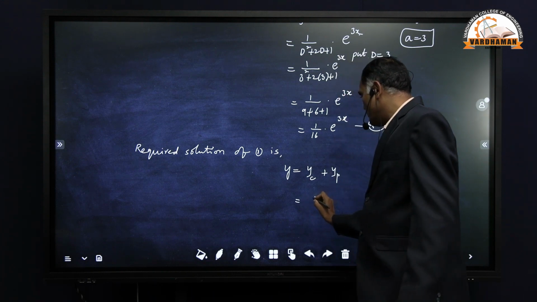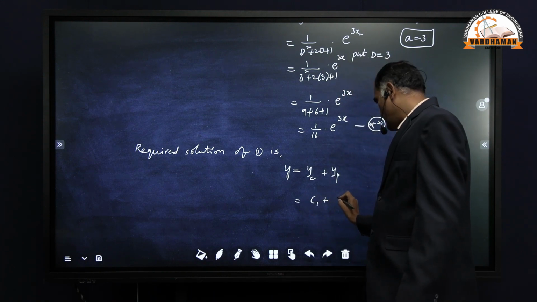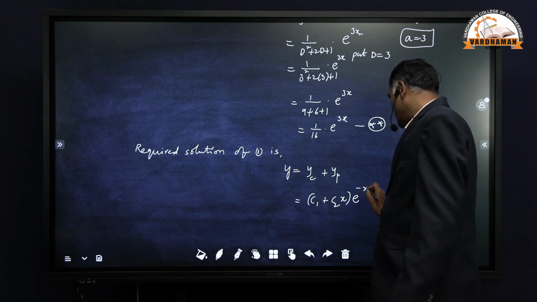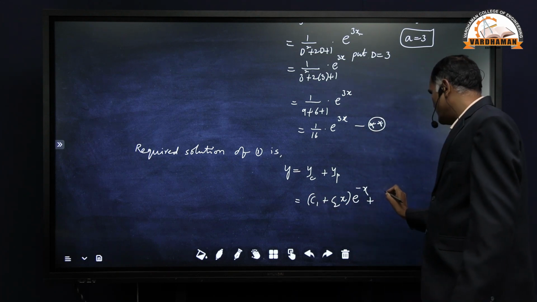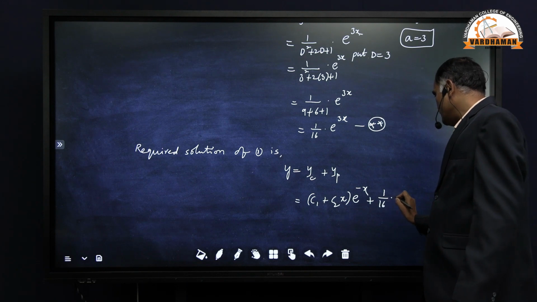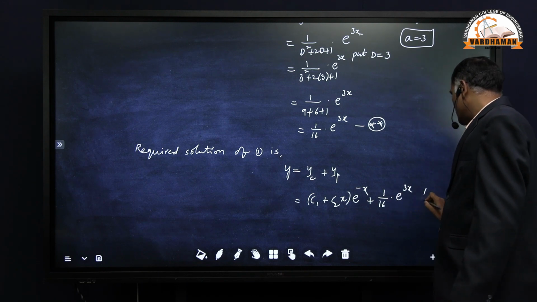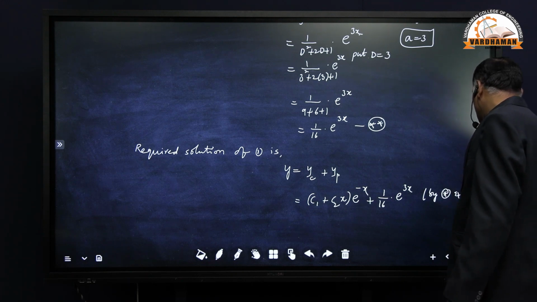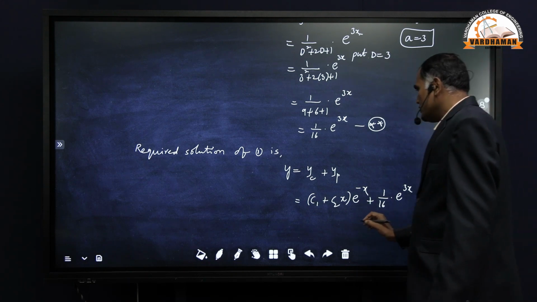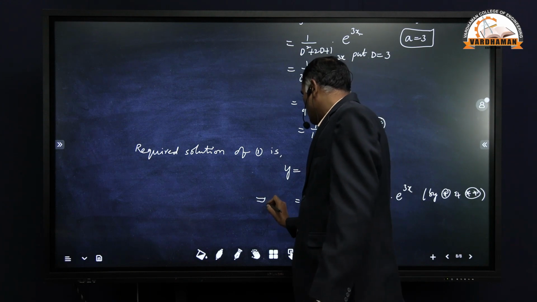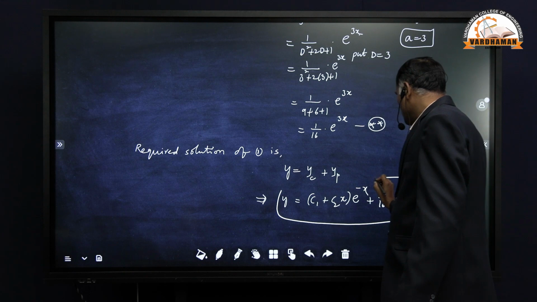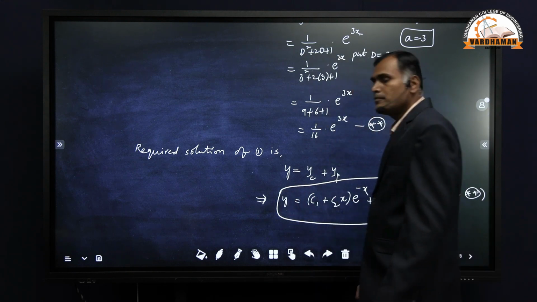In this case the complementary function is c1 plus c2x into e power minus x, plus the particular integral 1 by 16 times e power 3x. This is the required solution of the problem, where c1 and c2 are arbitrary constants.